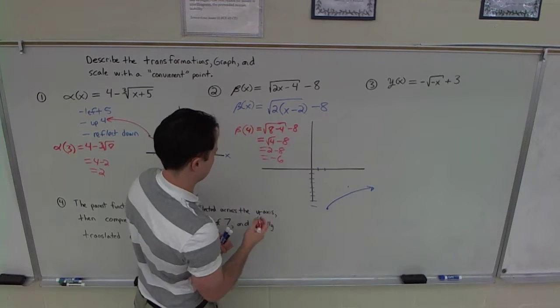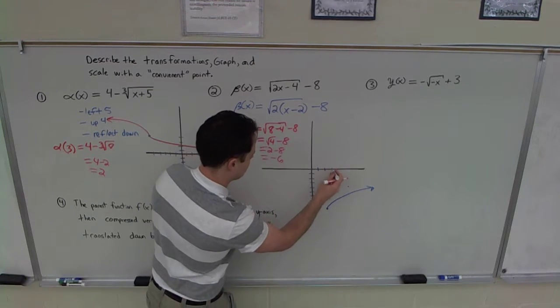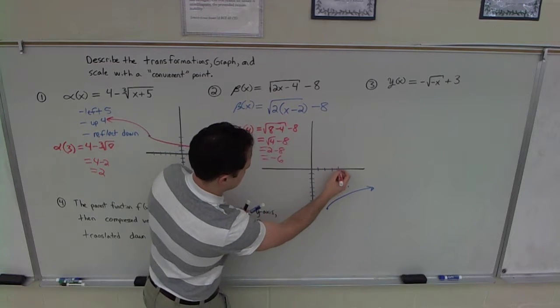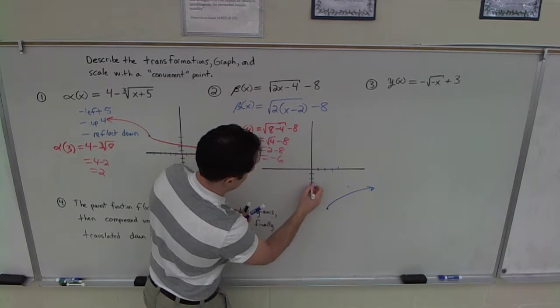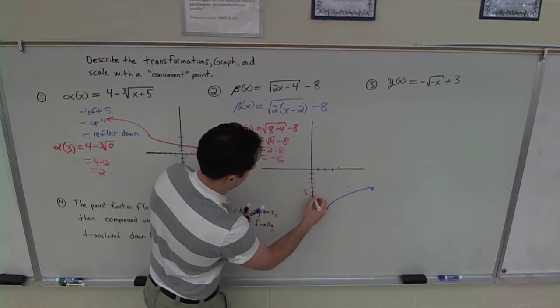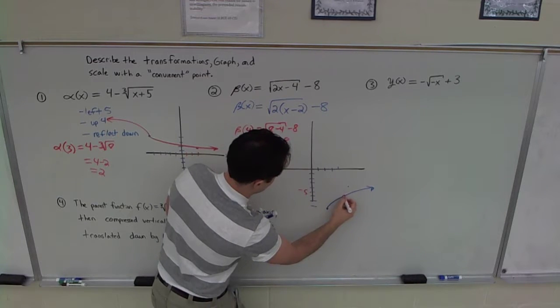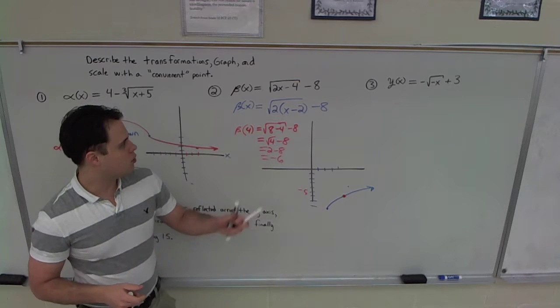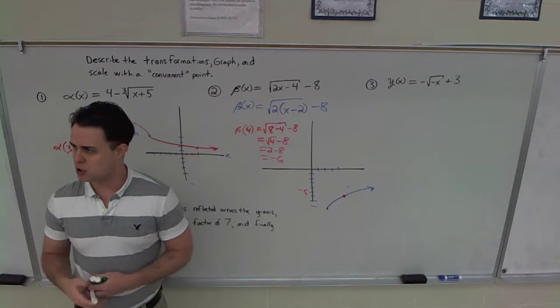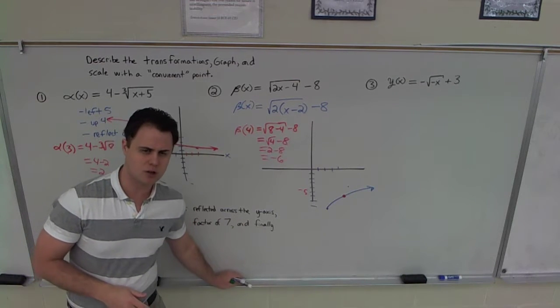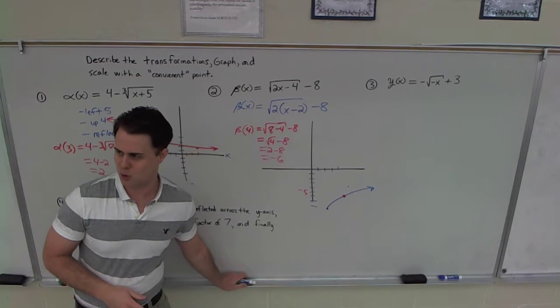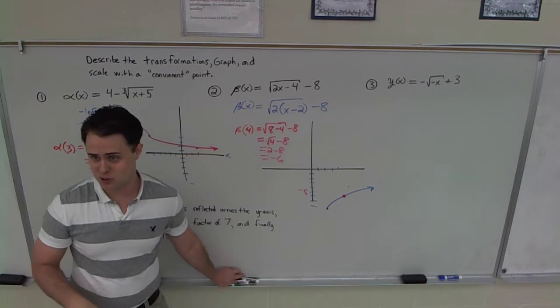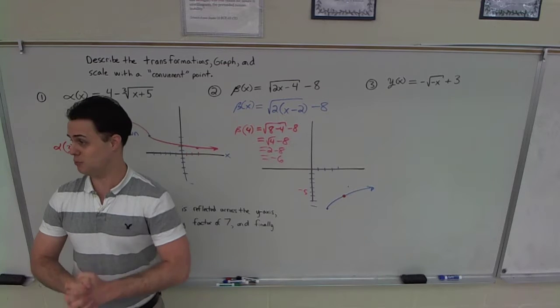Let's see if mine looks good. At 4, we're supposed to be at negative 6. This is negative 5, so like negative 6. Mine actually looks pretty decent. Let's talk about whether that 2 was a stretch or a compression. Is it horizontal or vertical? Horizontal, because it's inside. Inside stuff. Is it what we expect or not?